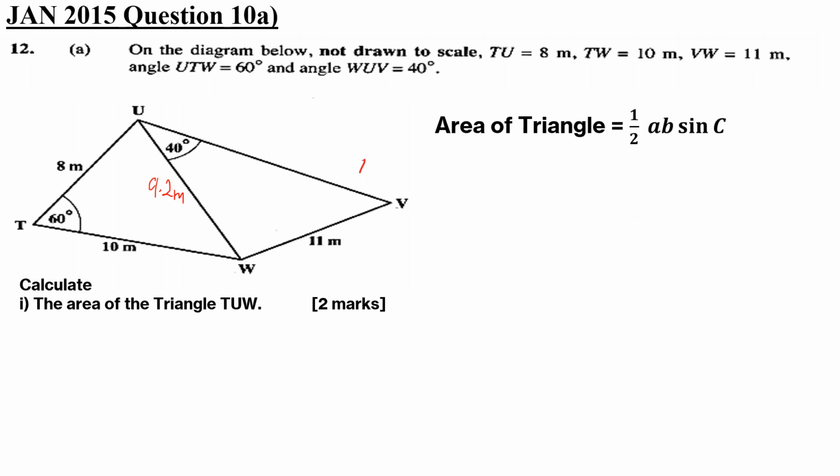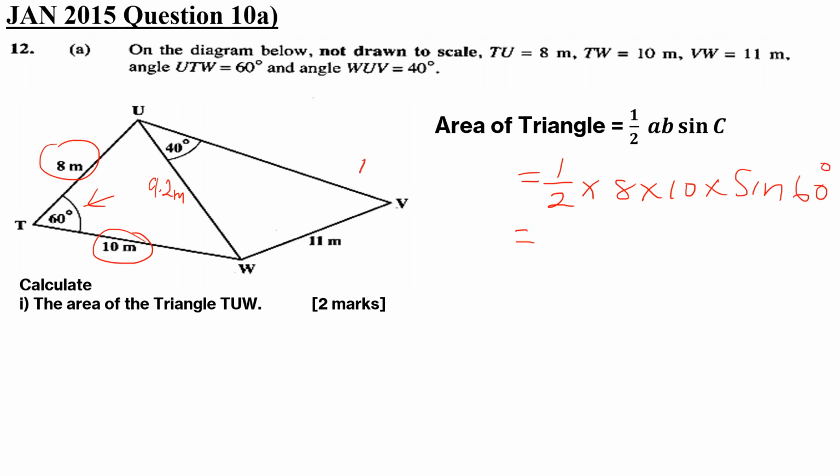First of all, we need to remember that this is not a right angle triangle, so we can't use half base by height. But the formula to find this area is half AB sine C. So what we do is we take half times this side and this side, 8 times 10, and the angle between, times sine 60.